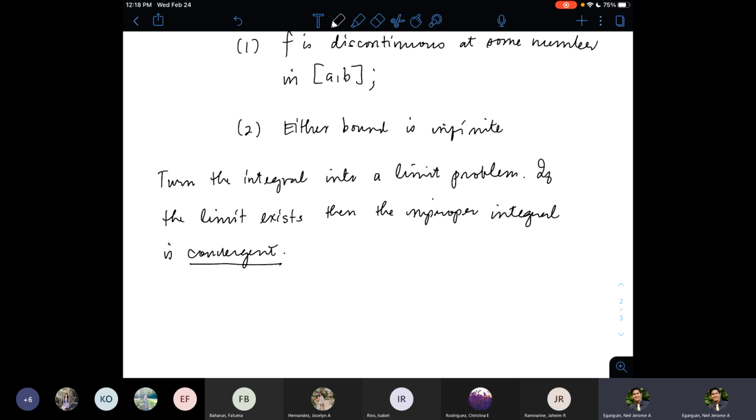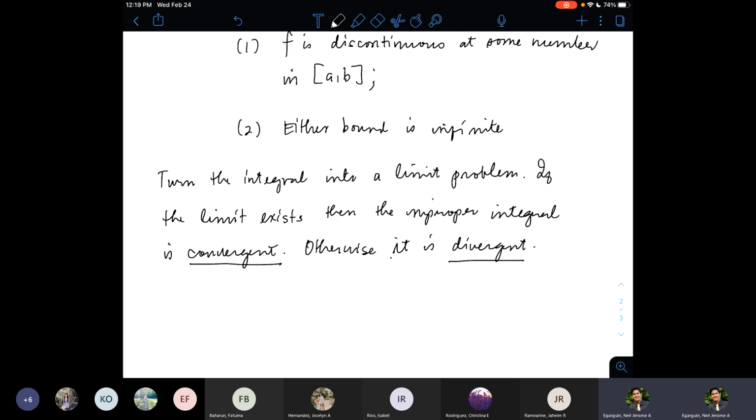If you get a finite answer for that limit, then we say that the improper integral is convergent. Otherwise, it is divergent. So if you get an infinite limit, or if the limit doesn't exist, then automatically the integral is divergent, right? If you get a finite number for your improper integral, it is automatically convergent. All other cases mean it is divergent, okay?